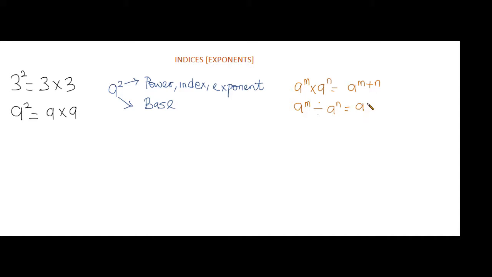We have a raised to power of m minus n. A raised to power of 0 is equals to 1. Any number or integer raised to power of 0 is 1. Then a raised to power of minus m is equals to 1 over a raised to power of m.